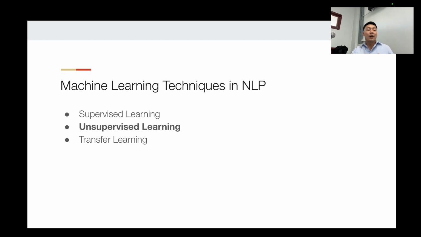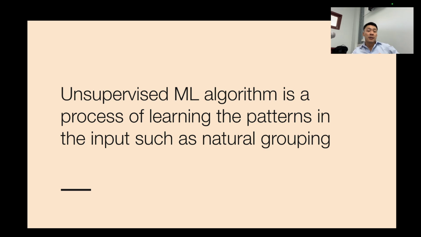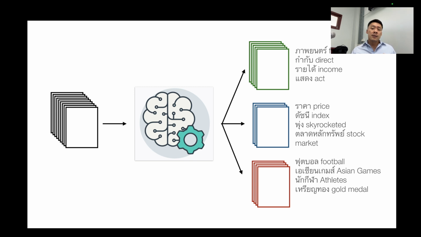Supervised learning, unsupervised learning. Unsupervised learning is mostly about grouping, because there's no output. We look at a lot of data and try to find ways to group it, okay? I also translated this slide to make it more international. So we have a corpus, and say we want to sort it by themes, by topics.